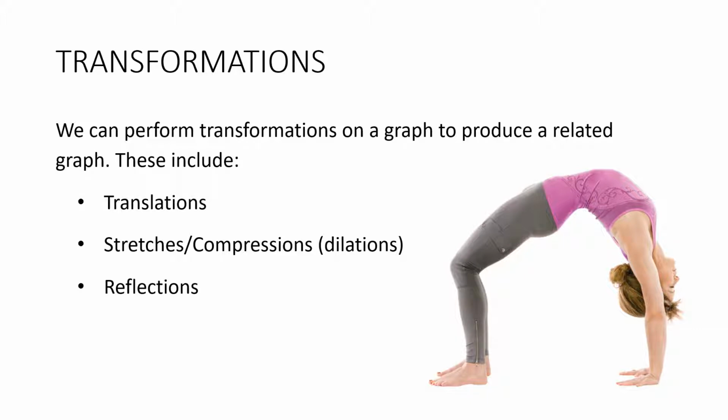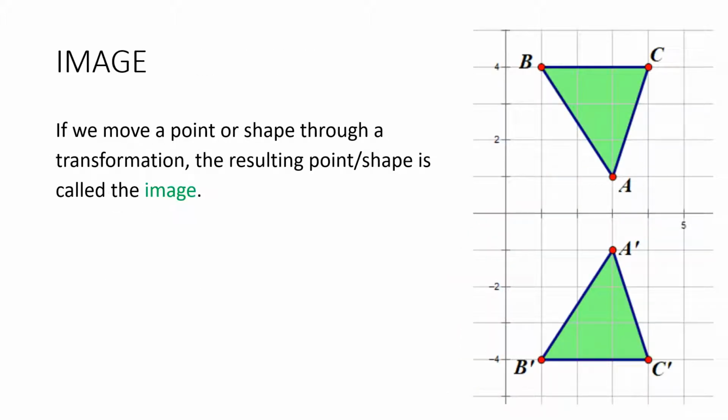Okay, so now we're up to transformations. We can perform transformations on a graph to produce a related graph, and these include translations, stretches or compressions, which you might know as dilations, and reflections. Now recall that if we move a point or a shape through a transformation, the resulting point or shape is called the image.